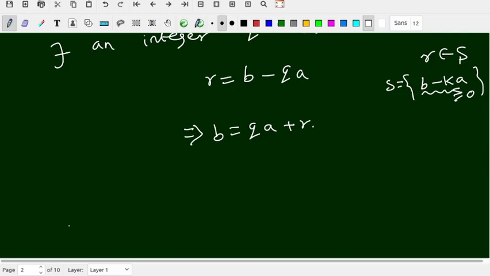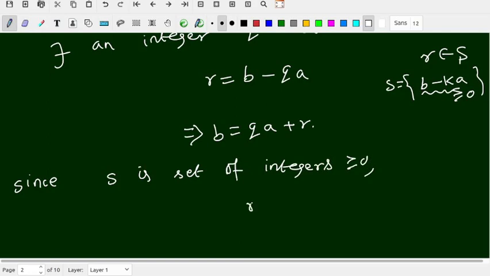Since S is a set of integers greater than or equal to 0, and R is an element of S, R is greater than or equal to 0.